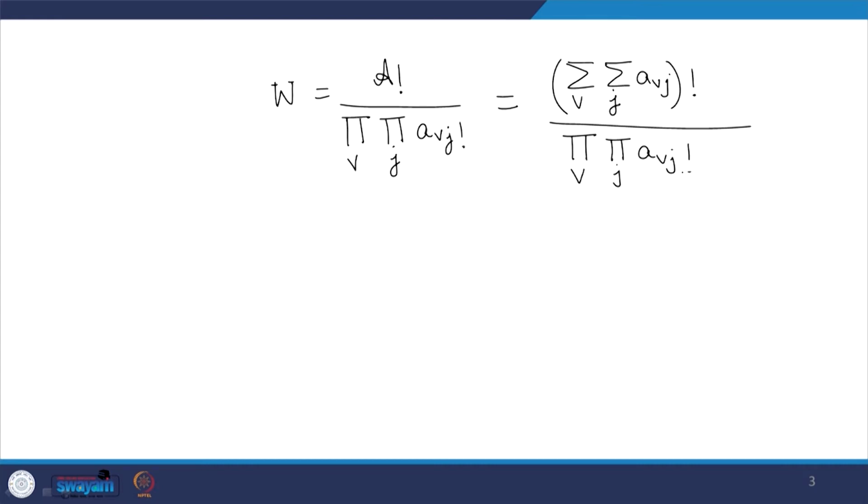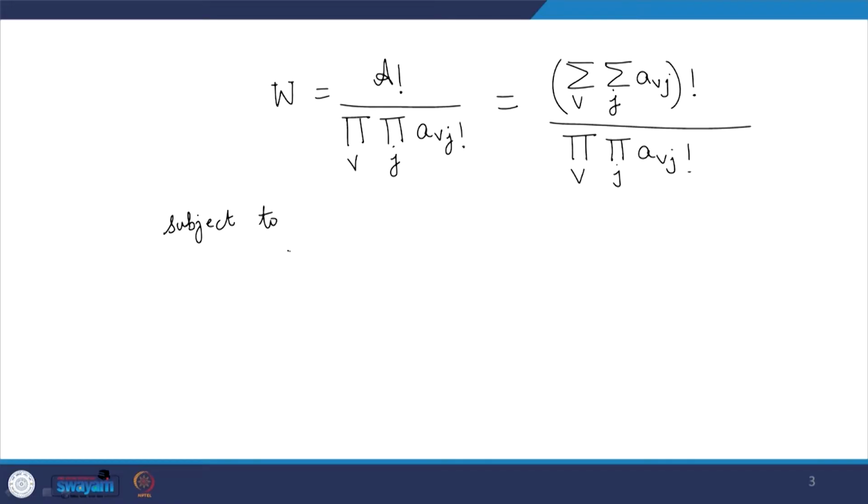And now we will have certain constraints. The first constraint is the same as what we have been doing, that is, if I sum over the occupation numbers, we should get the total number of systems in the ensemble, that is capital A, that is summation over V, summation over J, A_VJ is equal to A. Same applies for the energy.